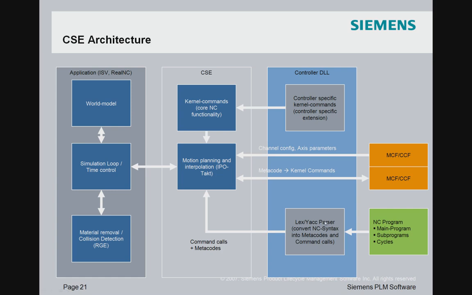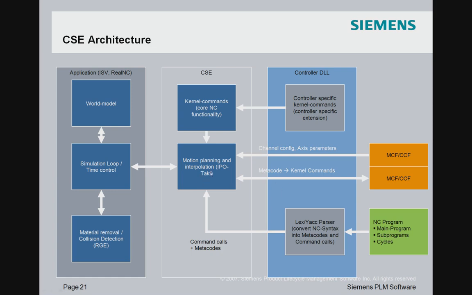So the NC program is executed by CSE line by line as it is on the real controller. So if the line is entirely processed and through the MCF file CSE knows what should happen in this line, CSE starts the motion planning. That basically means looking up the axis profiles and seeing how fast the axes need to accelerate or decelerate to make a linear movement, and determining the overall time it will take to do that.